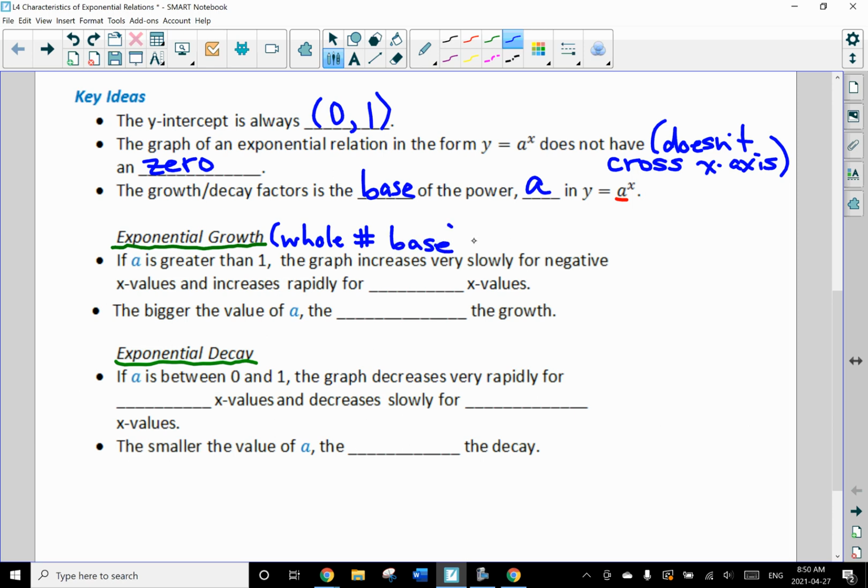You're going to have something that's growing. If A is greater than 1, the graph increases very slowly for the negative x values and increases rapidly for the positive x values.